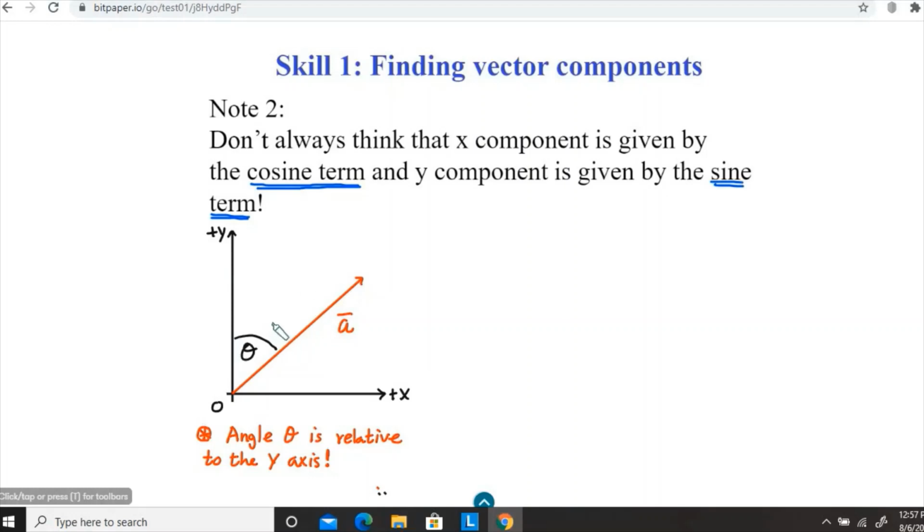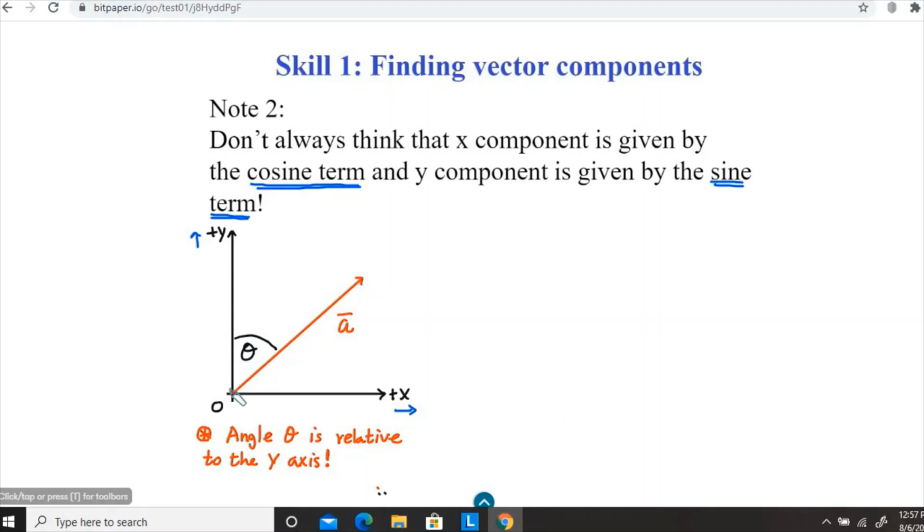Again, you can see the vector A lies in the first quadrant. You have the positive x direction and the positive y direction. So you identify the xy directions. Then when you look at the angle, you can see theta is not relative to the x-axis. In this case, theta is relative to the y-axis. So we also identify that.